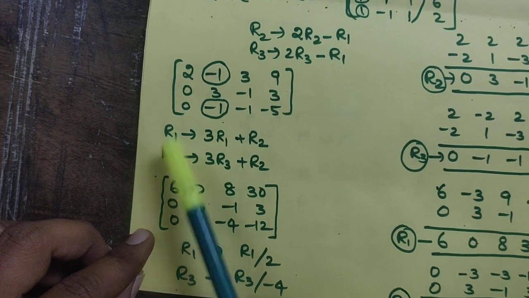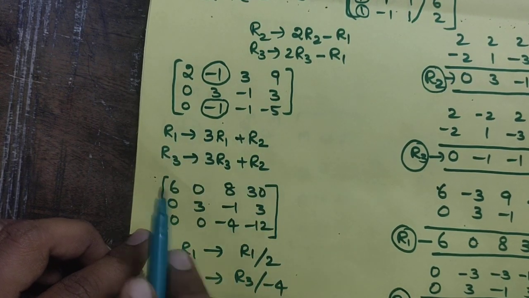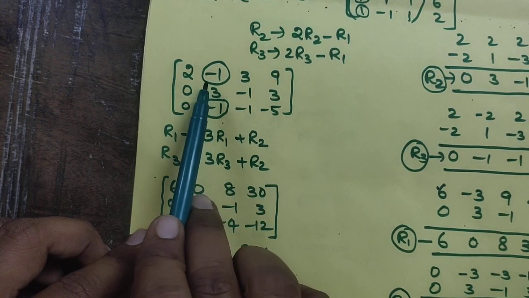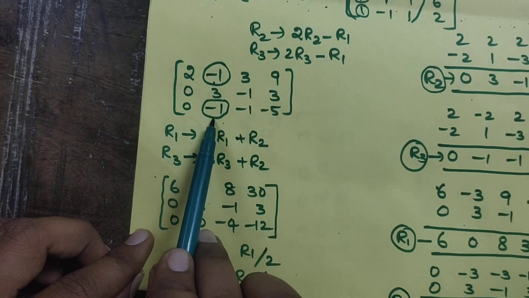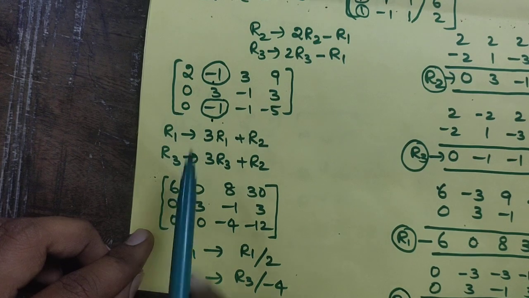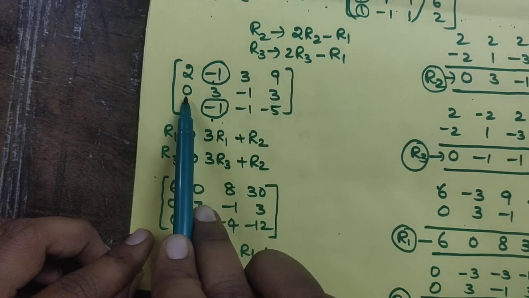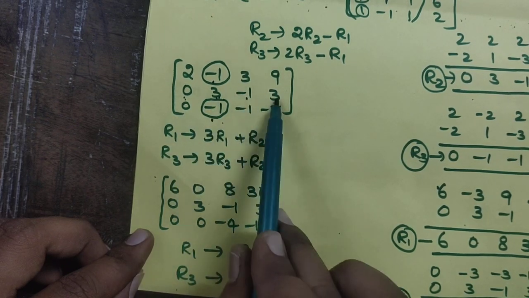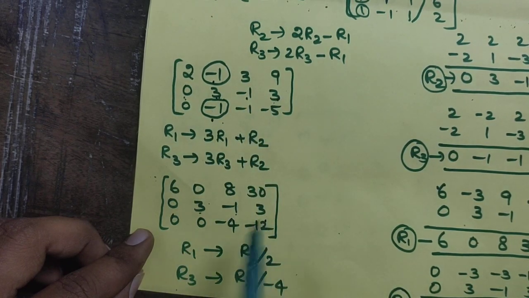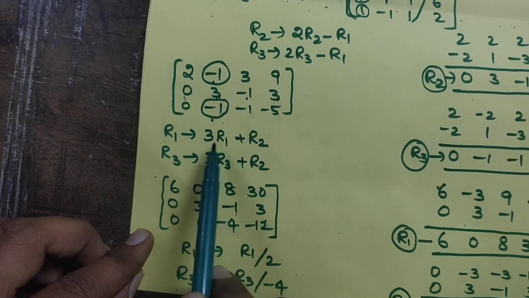For that, which row don't we have? R2. With respect to R2, we are going to make the R1 second element and R3 second element zeros. So which row are we not changing? R2. Write R2, 0, 3, minus 1, 3, as it is, and R1 is multiplying with 3.